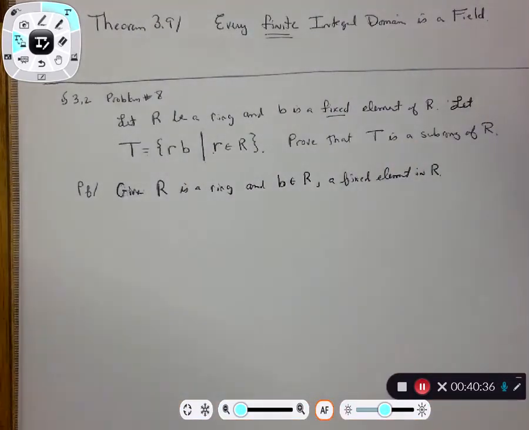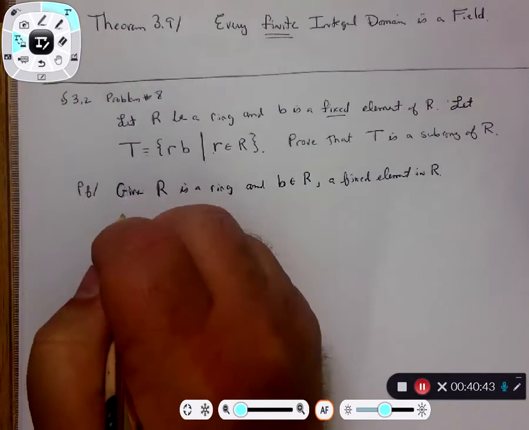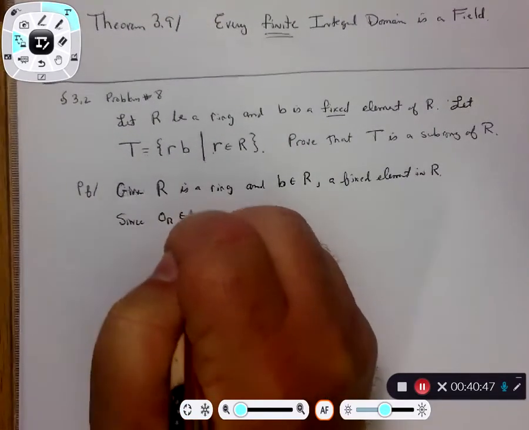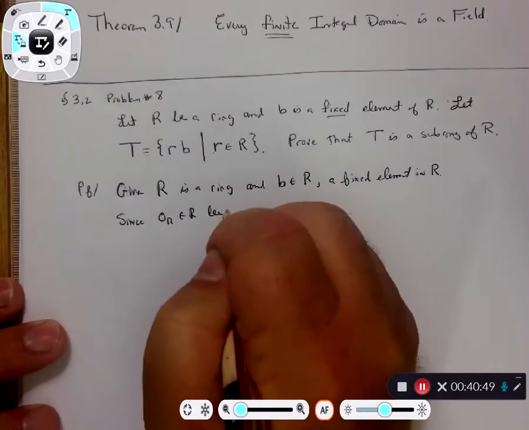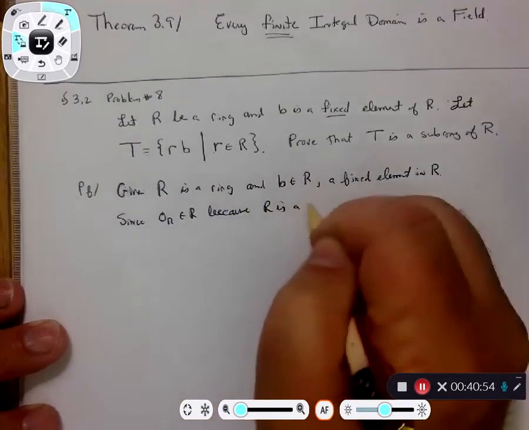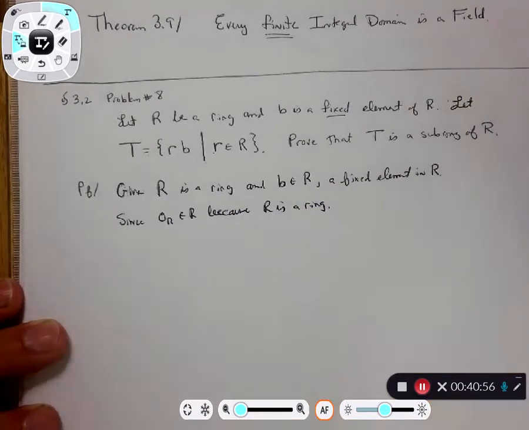I'm going to prove that that set T is going to be a subring of R. So, quoting Theorem 3.6, I first have to start with non-empty. Okay. Well, since 0 in R is an element of R, why? Because R is a ring.